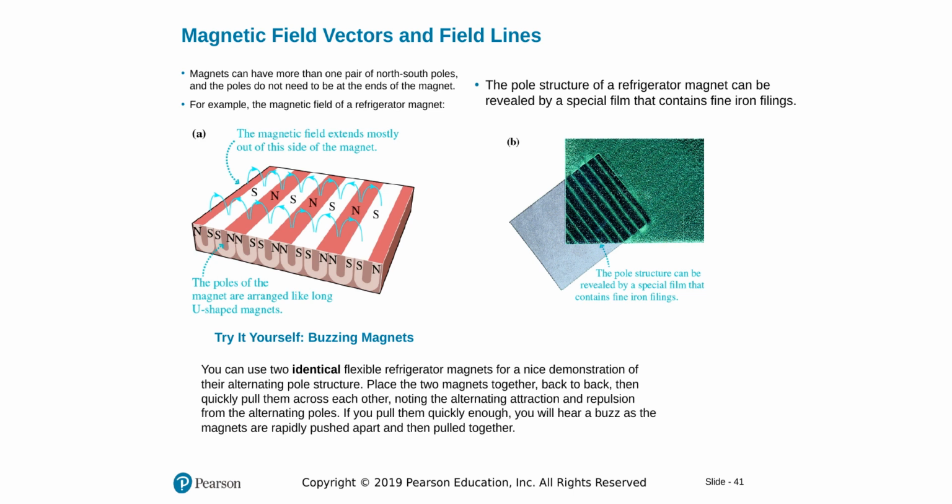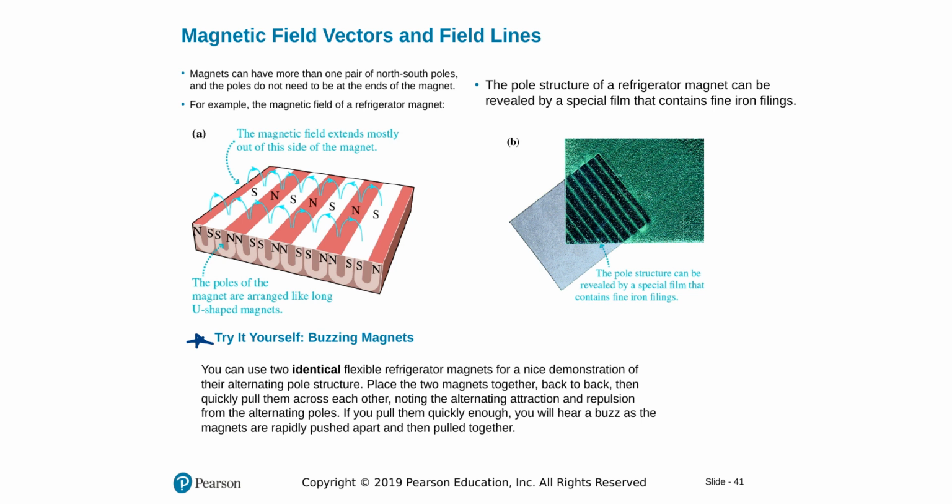This part is generally talking about magnets that can be put together to strengthen and have different configurations of magnetic fields. Here we have many U magnets added together, and here's how the magnetic field looks at the top here. And this one is about trying Boson magnets. You can have two identical flexible refrigerator magnets for a nice demonstration of their alternating pole structure.